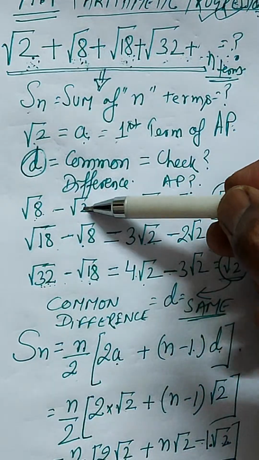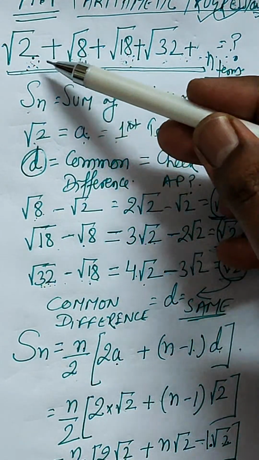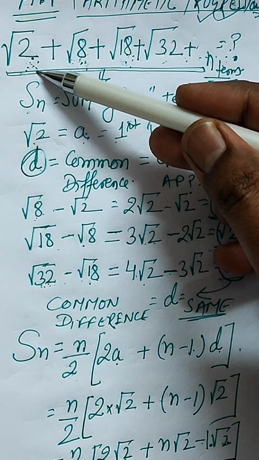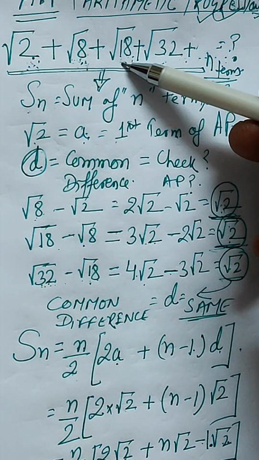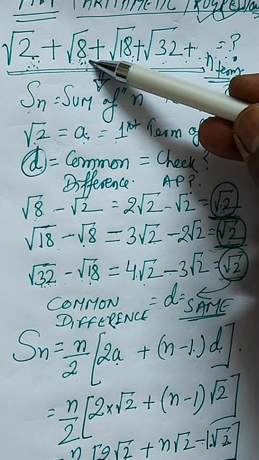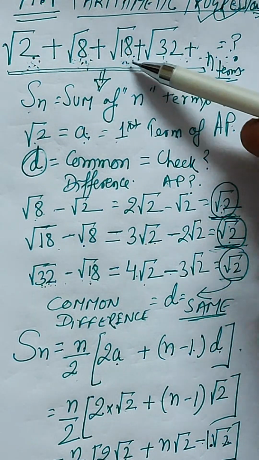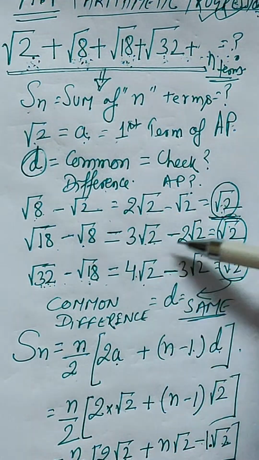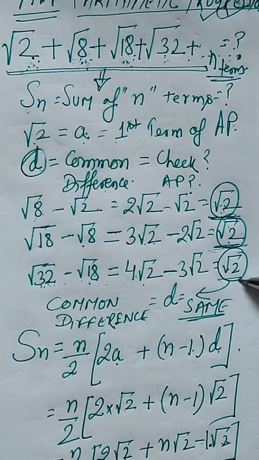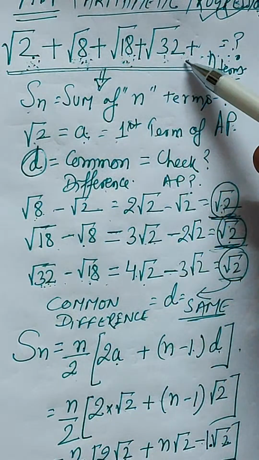That means from the successive term, subtract the previous term to get the common difference. If root 18 is the successive term, then root 8 is its previous term. If root 32 is the successive term, then root 18 is its previous term. In each and every step the common difference came as root 2. So that's why we verified this is an AP, right?